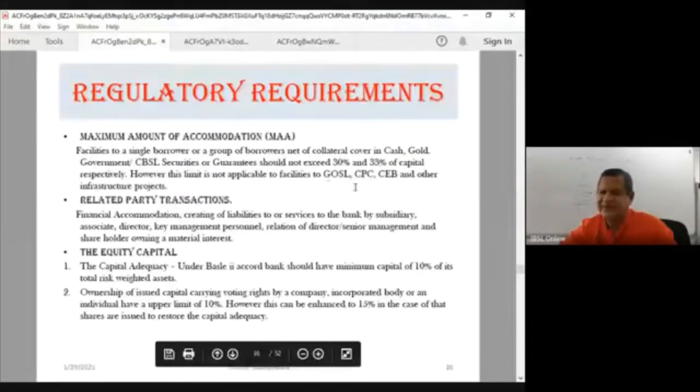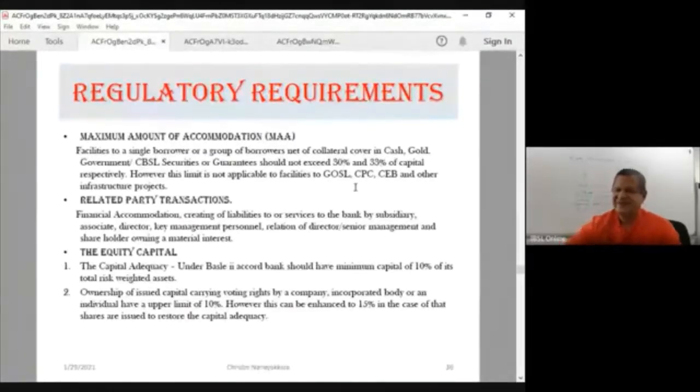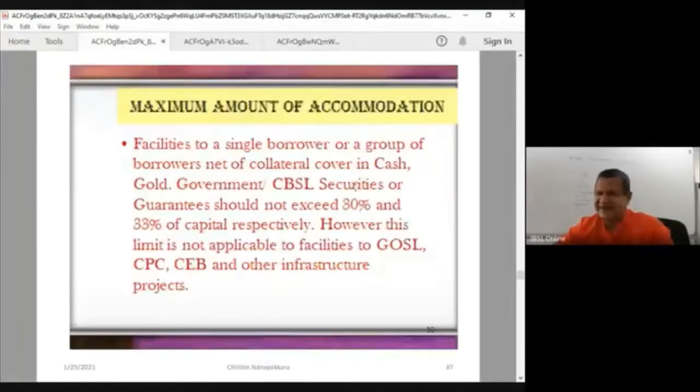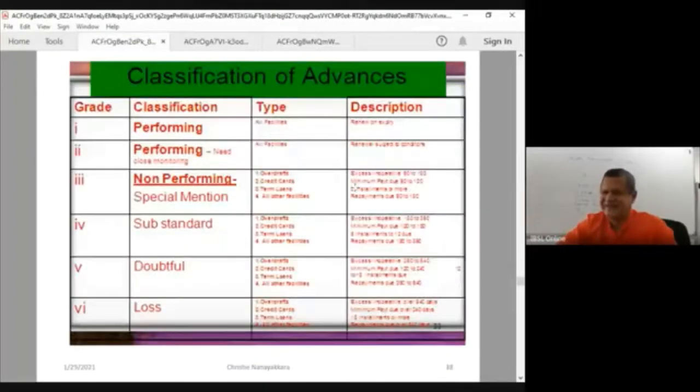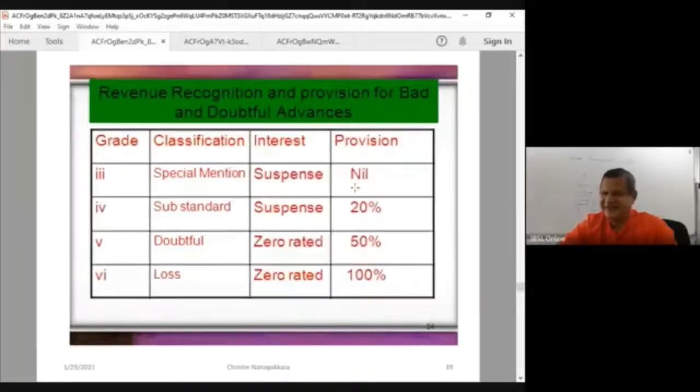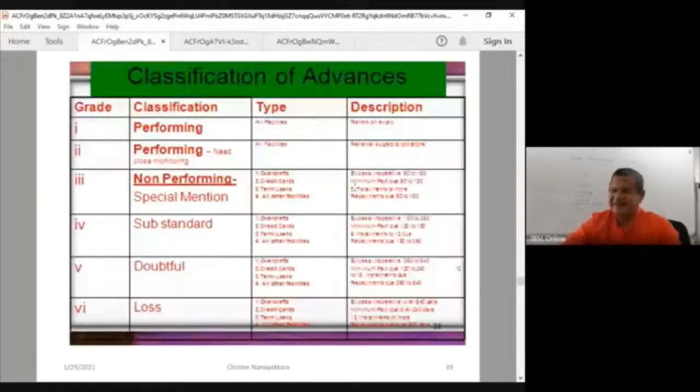Second one is related party. Now, once again, I need to explain to you who is a related party. This is the maximum amount of accommodation. I'm skipping this because this classification of advances is based on the duration of the facility.